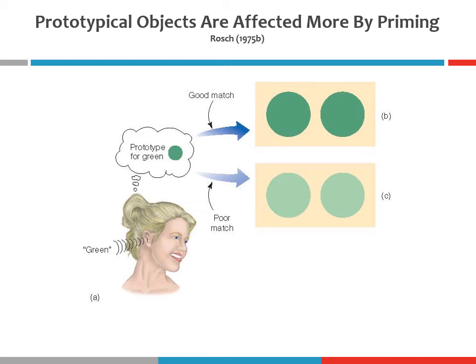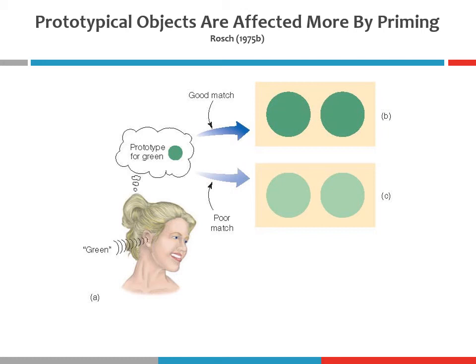So when participants imagine their prototype for green, and because the good match for green is a better indicator of the prototype, they're able to make that judgment more rapidly than when the colors that they see fail to match the prototype or are a poor match of the prototype, as in the case of the lighter green.